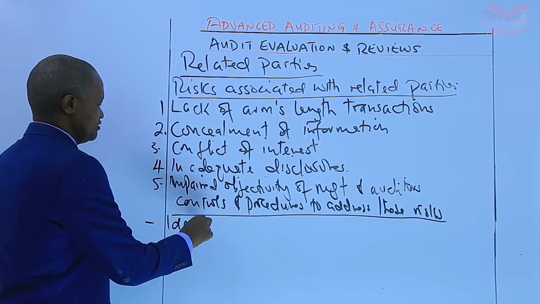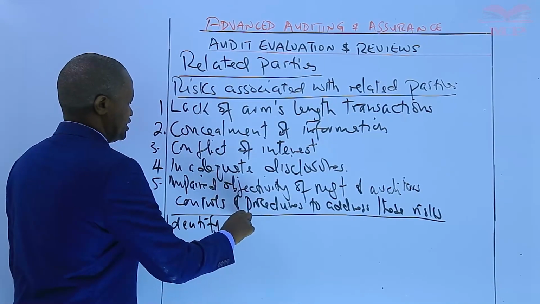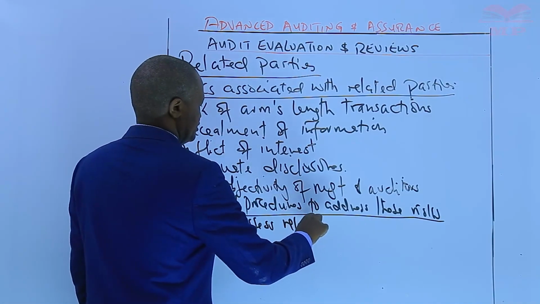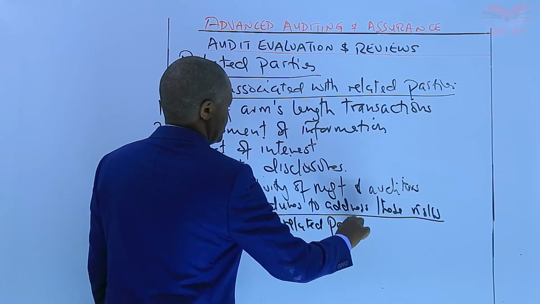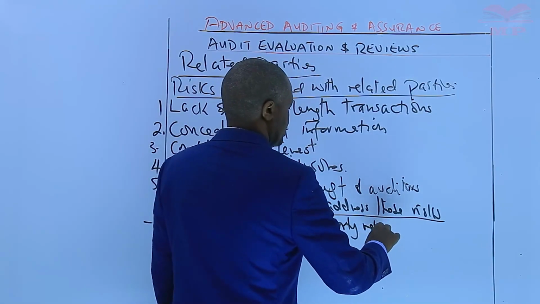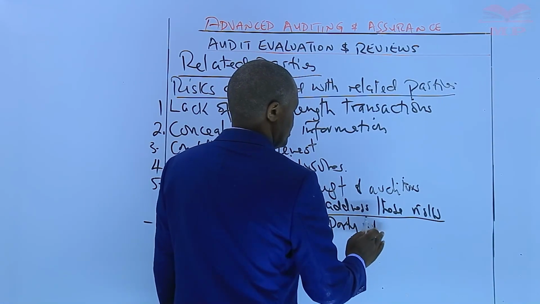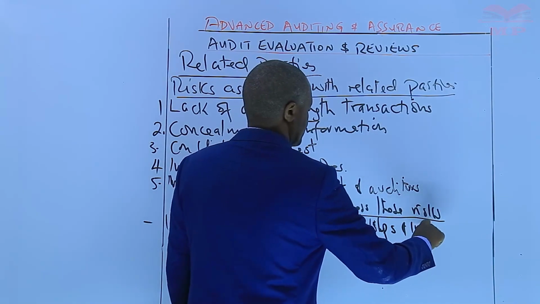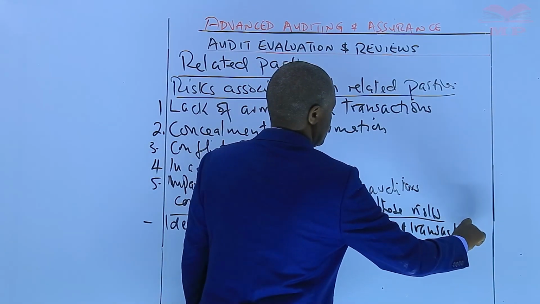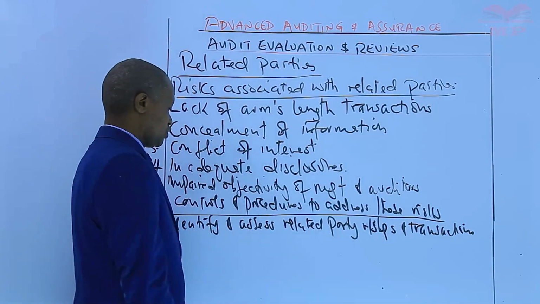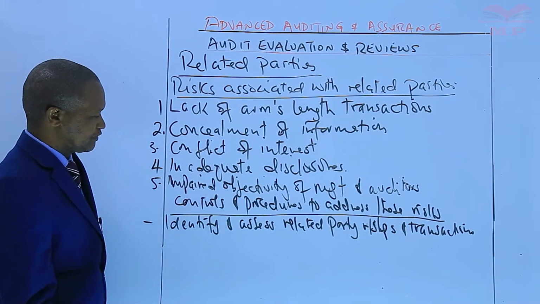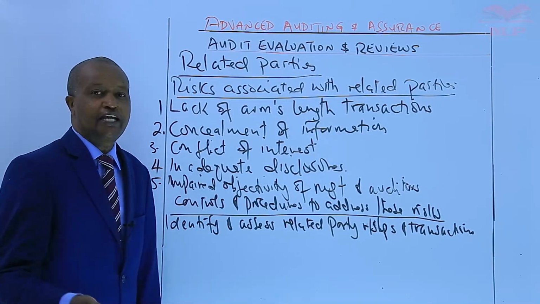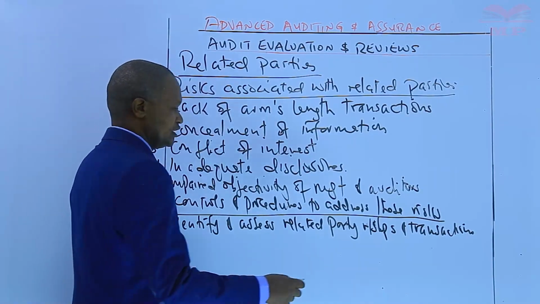Identify and assess related party relationships and transactions. There should be controls and procedures to identify and assess related party relationships and transactions.